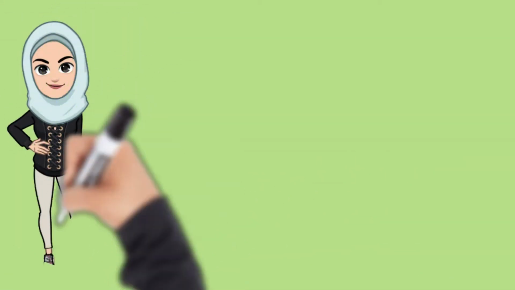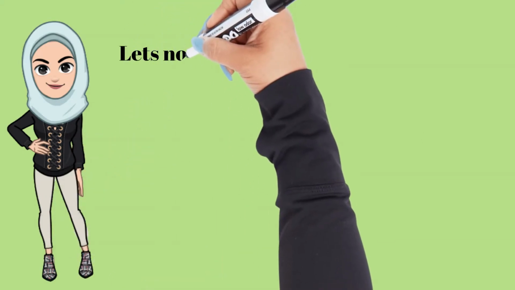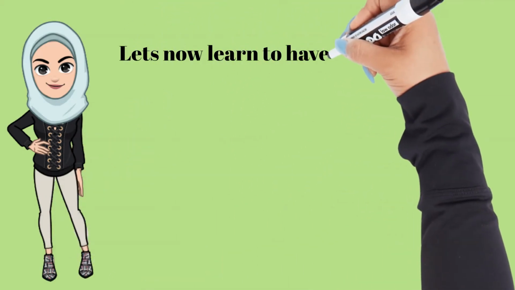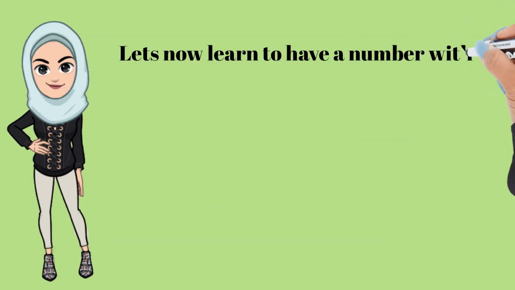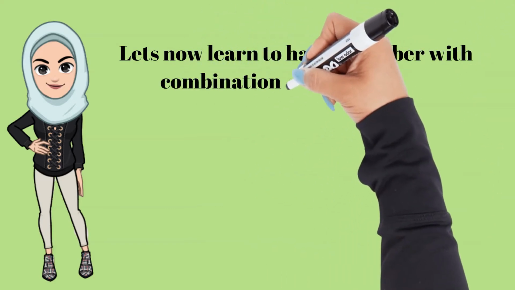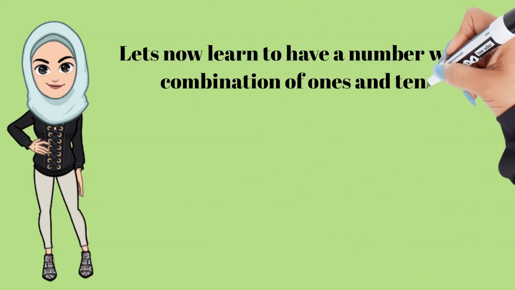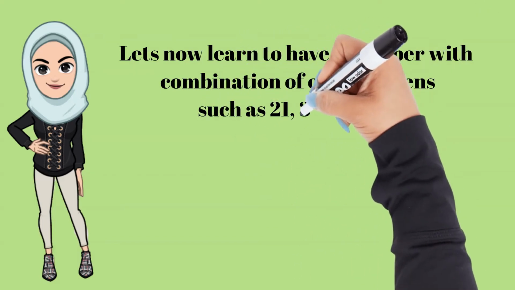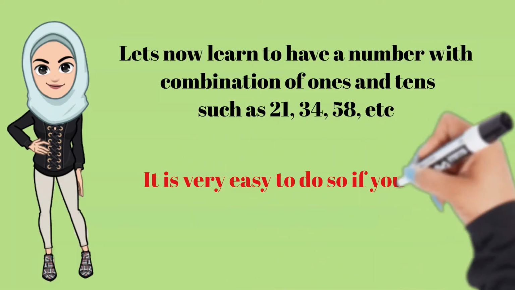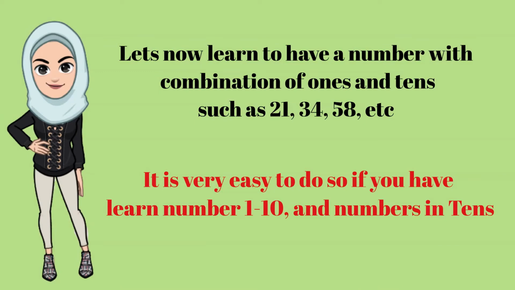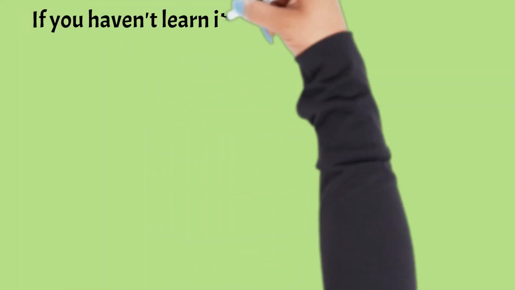Let's now learn to have a number with combination of ones and tens, such as 21, 34, 58, etc. It is very easy to do so if you have learned numbers 1 to 100 and numbers in tens.